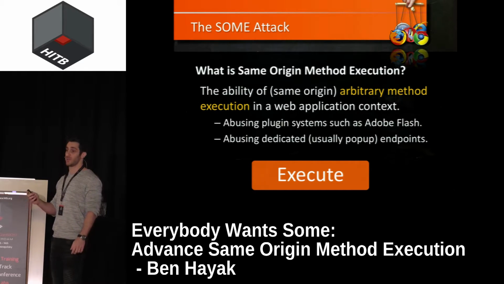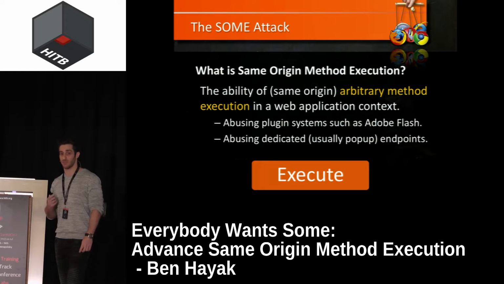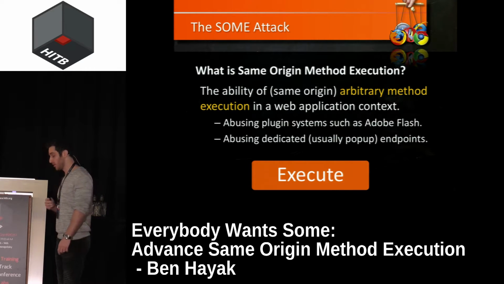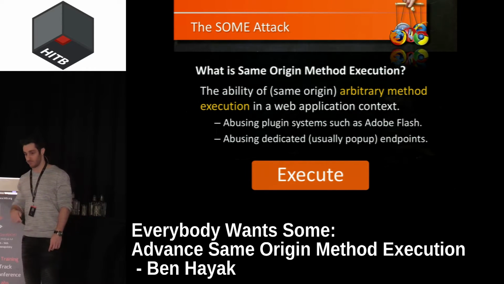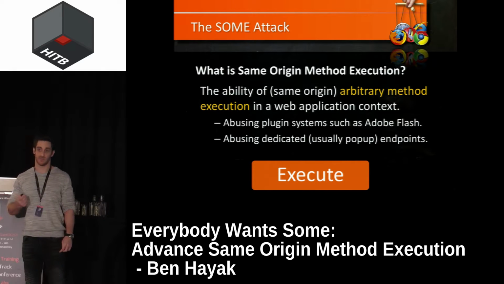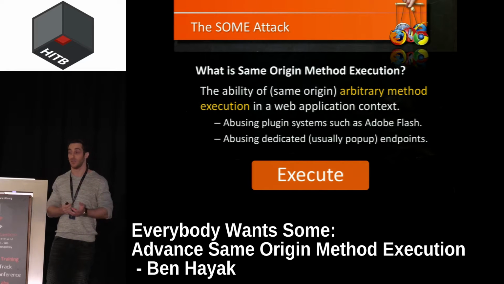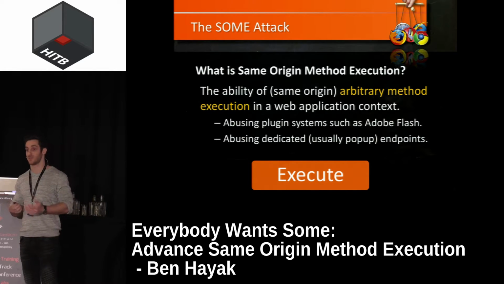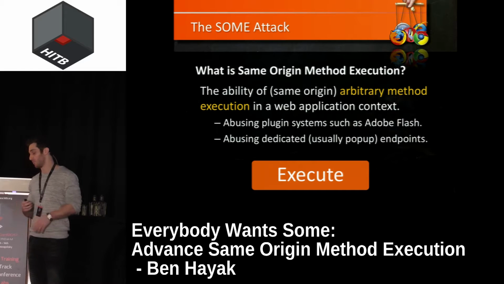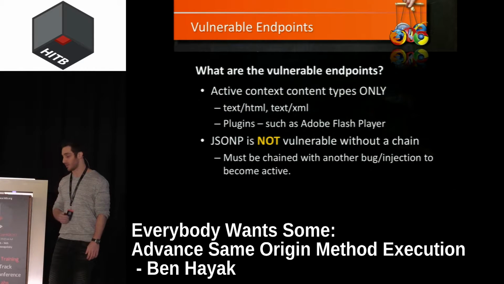But it's important to understand what arbitrary method execution means, like I showed you in the color picker, and it can be found in two different ways. It can be found in dedicated pop-up endpoints, or it can be found in Flash plugins, where there are a lot more instances of Flash and other plugins that run JavaScript to interact.